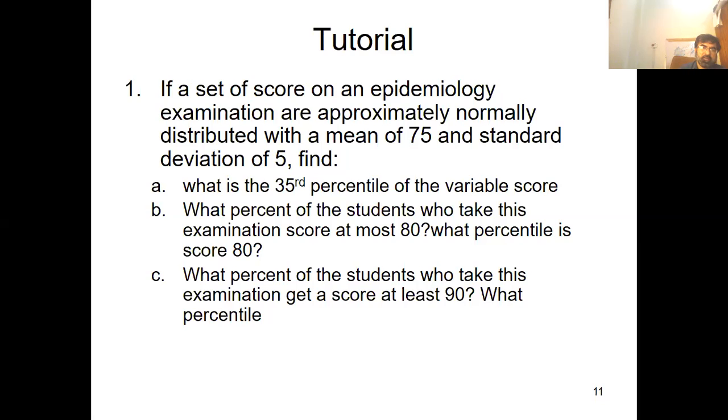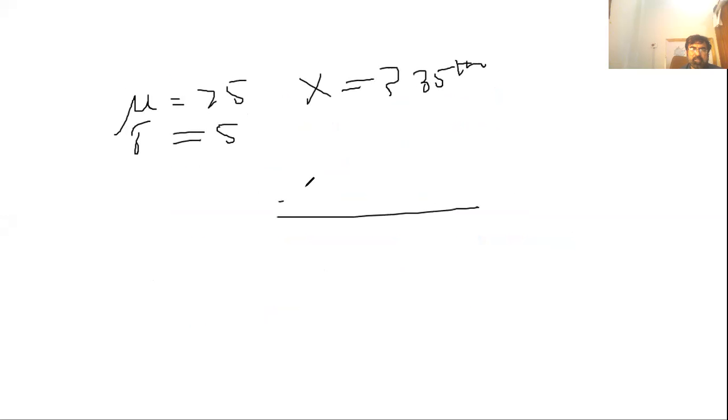Now mu is 75 with a standard deviation of 5. Now we have to go for the calculation. First, you have to calculate x for the 35th percentile. Let's do the first one. The 35th percentile would be somewhere over here below the 50th percentile.